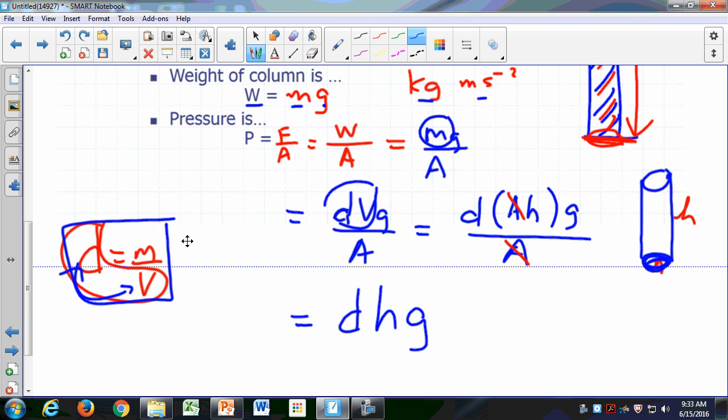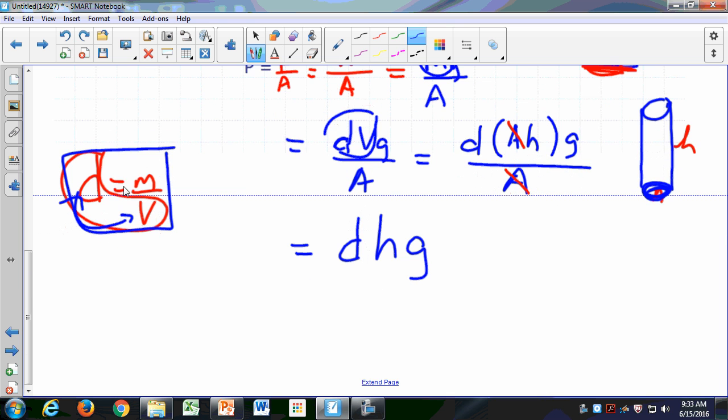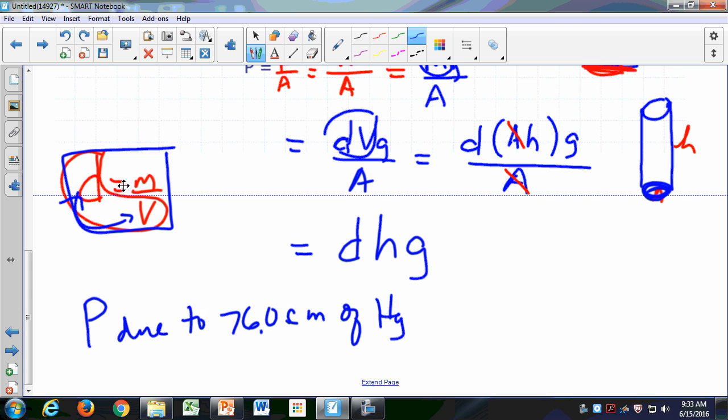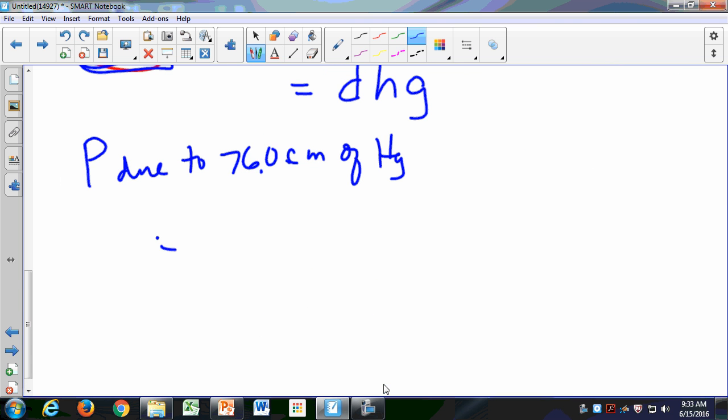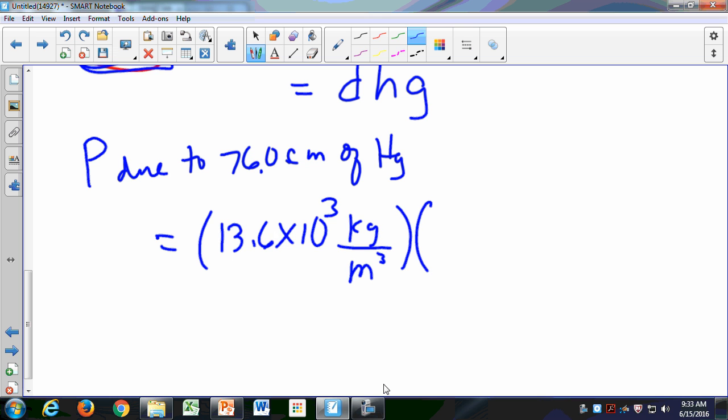And so let's apply that for mercury here. So pressure due to a column of mercury that is 76 centimeters high, so 76.0 centimeters of mercury, would be equal to the known density of mercury, which is 13.6 times 10 to the third kilograms per cubic meter.